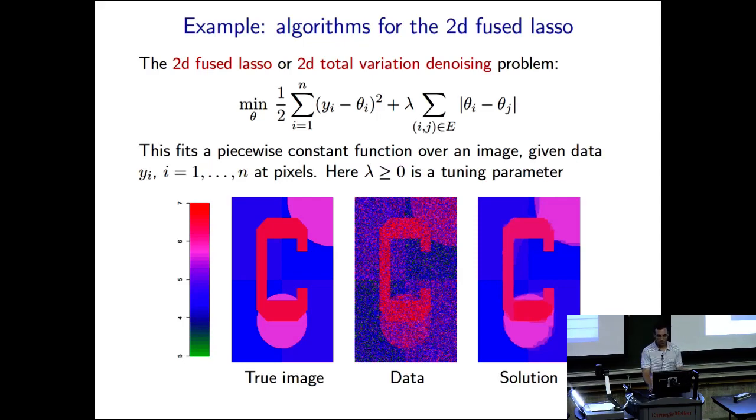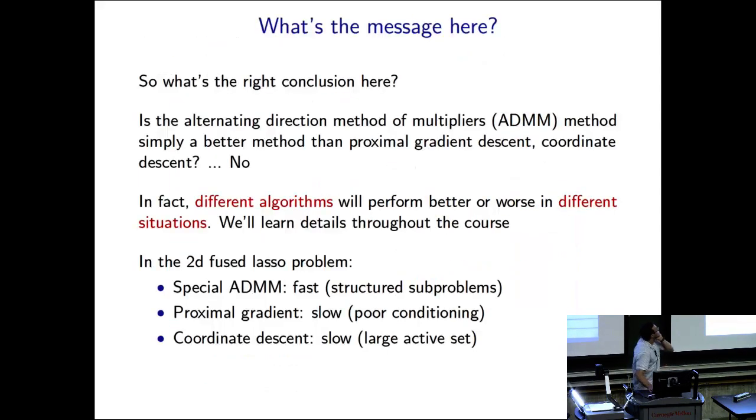Okay, all good questions. So let me give you, I guess we never got to the punchline. So what's the conclusion that we should draw from this? Is the conclusion that the first algorithm, ADMM, is just better than the second two, and that you shouldn't really use the second two in general?